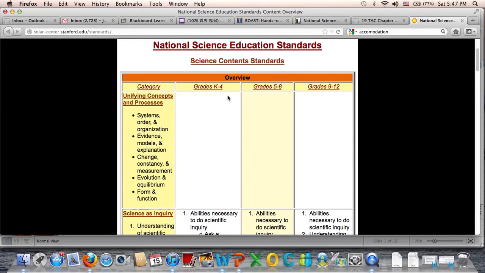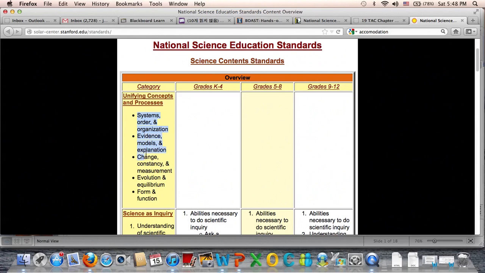Based on grade K to 4, 5 to 8, 9 to 12, the national content standard has some specialized standards. Okay? Unifying concepts and processes are about systems and order, organization, evidence, models, explanation, constancy, measurement, evolution, equilibrium, form, and function.